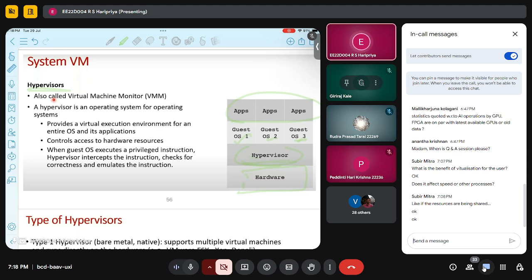With the hypervisor, the guest OS will be booted up on these different virtual machines. The key difference is that the hypervisor will not be visible; it will be completely transparent.